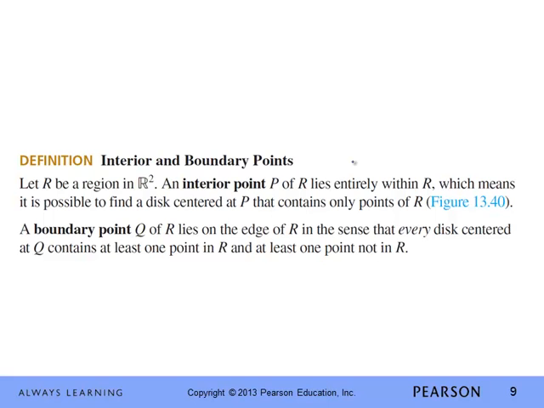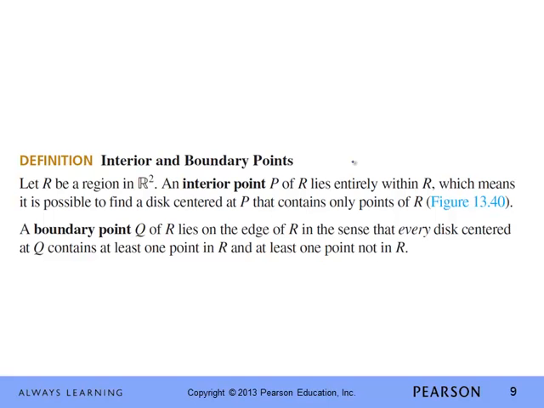You can find a disk. Not all disks will be within the region, but you can at least find some disk centered at that point that is entirely within the region. That meaning that it contains only points of R. And I'll show you a picture here in a minute.